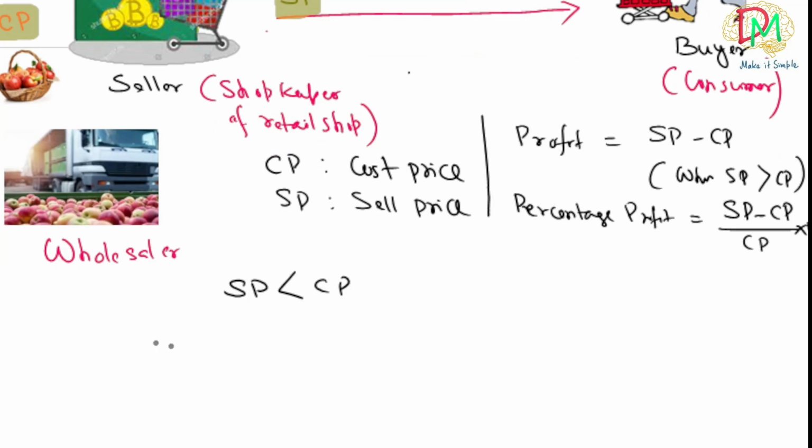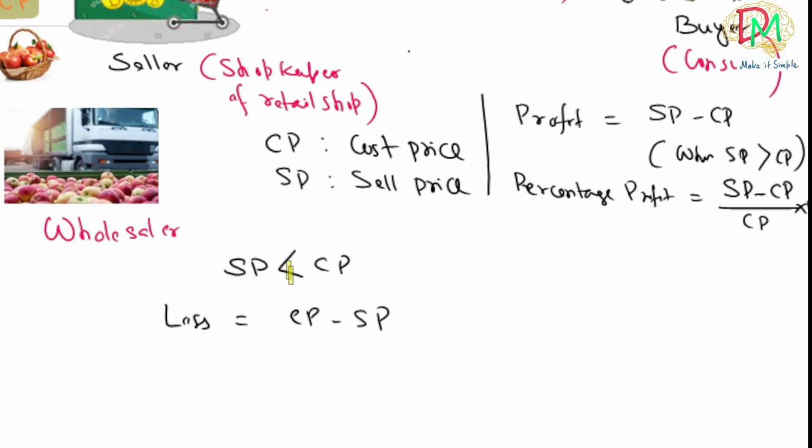So we can calculate the loss incurred by the seller. Loss is equal to CP minus SP, whereas during profit it was SP minus CP.